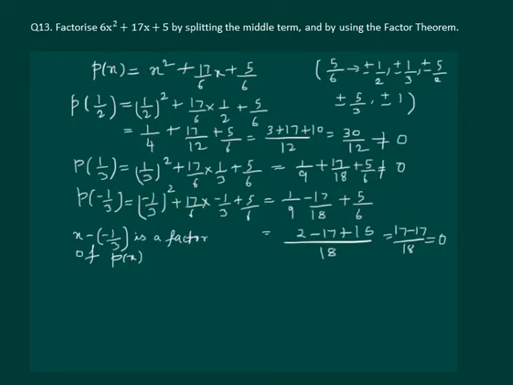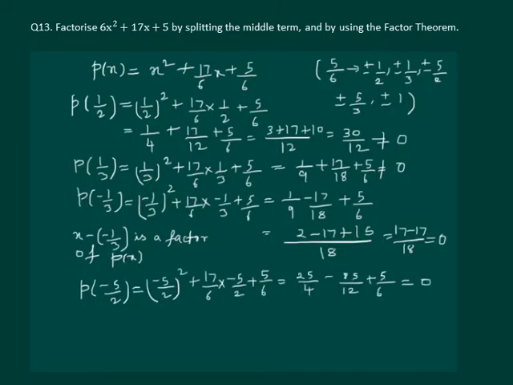Now let us check for p equal to minus 5 by 2. On solving, we will get p of minus 5 by 2 equal to 0, implying that by factor theorem, x minus of minus 5 by 2 is a factor of px.